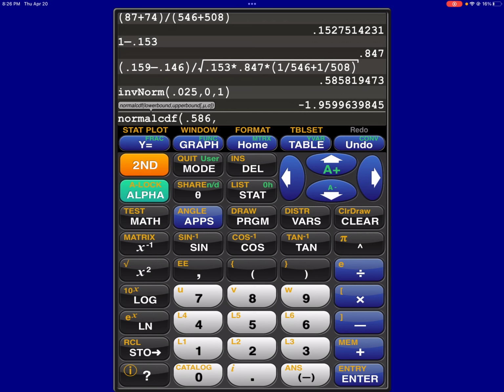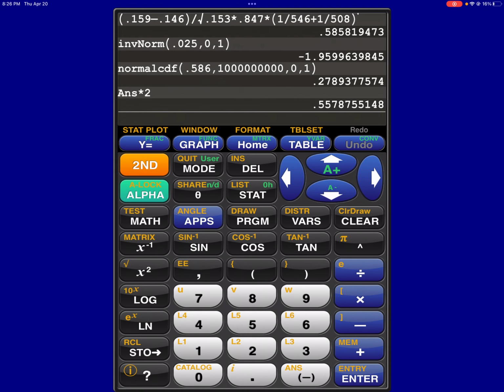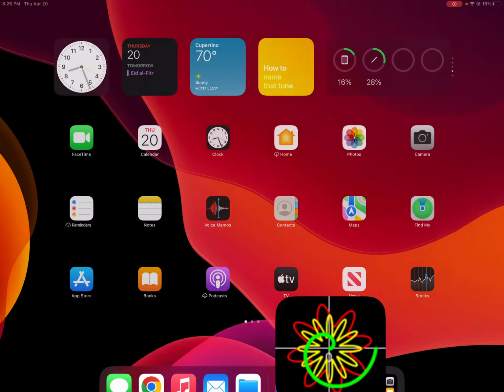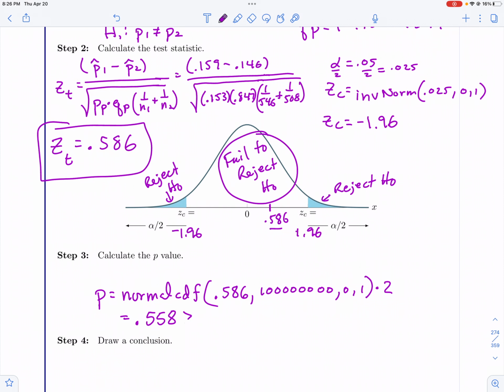And then multiply that times 2 since it's two-tailed. So we end up with 0.558, which is not a very low probability. That's pretty reasonable. So that's definitely bigger than our 0.05. So again, we're going to fail to reject H naught. So it supports our claim from above, which is perfect.